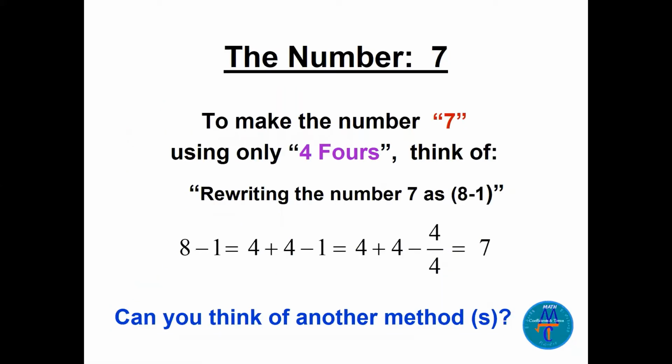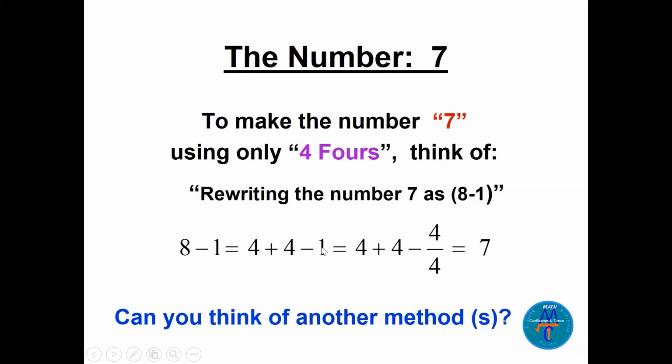Now let's look at the number 7. If you ask anyone, how can I make 7 using only 4 fours? Well, you can think of 7 as 8 minus 1, because 8 has some 4s in it, 4 and 4. So 8 minus 1.